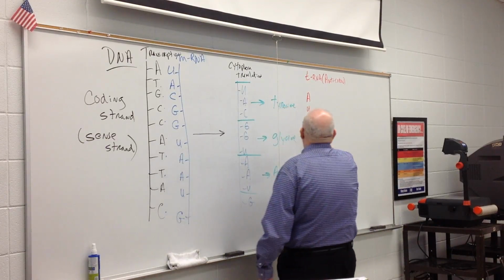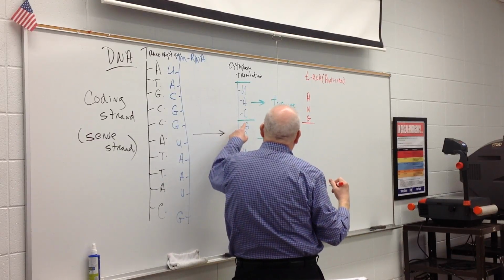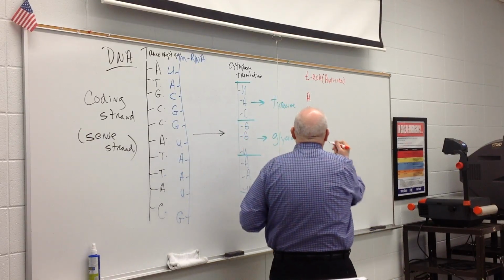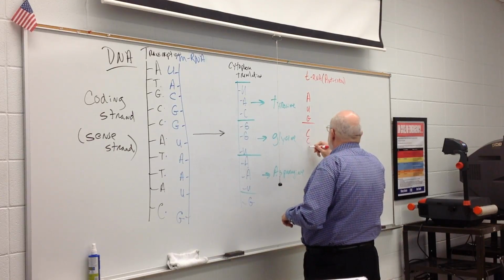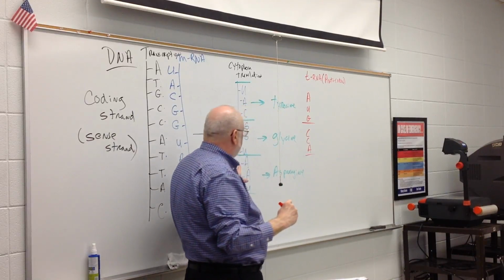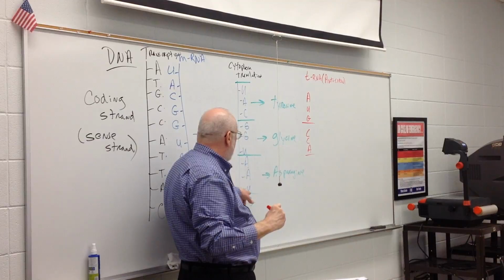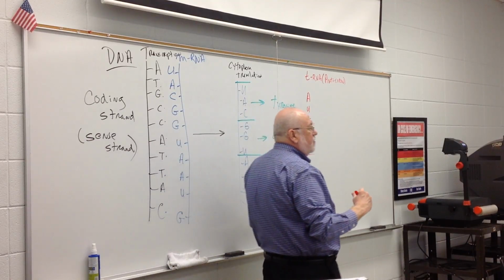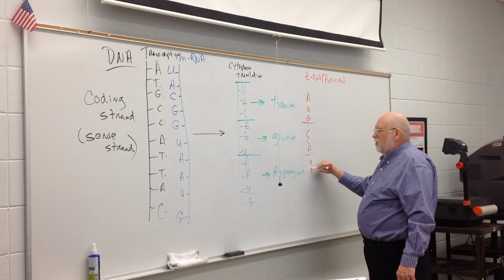Okay? All right, now the next one, the one that brought in the glycine, the messenger was GGU. What would be the anticodon sequence here? CCA. Yes. Okay? All right, and if the codon specified asparagine was AAU, what would have been the anticodon on the transfer RNA that shuttled that one?